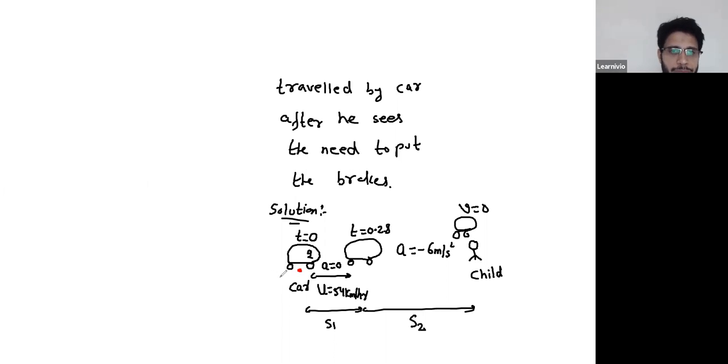Let's say this is point A, this is point B, and this is point C. Let's first consider motion from A to B. If I'm considering motion from A to B, your initial velocity is 54 km per hour. This can be converted into meter per second by multiplying by 5 by 18. So 18 threes are 54, that's 15 meter per second. Sania, what is the acceleration of the car from A to B?